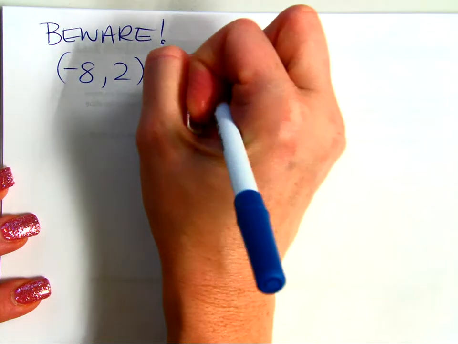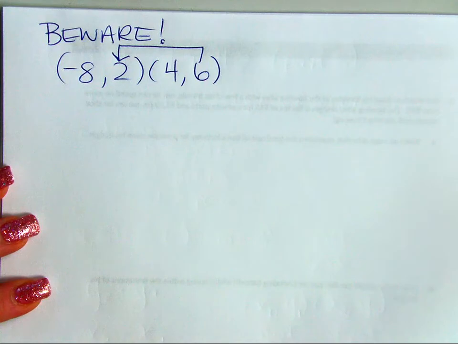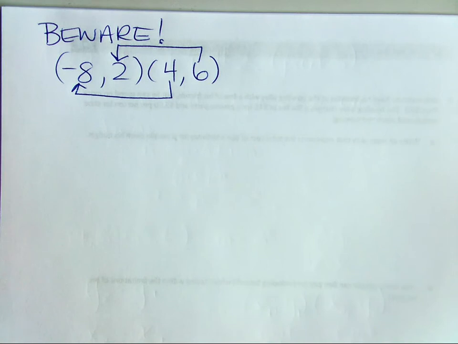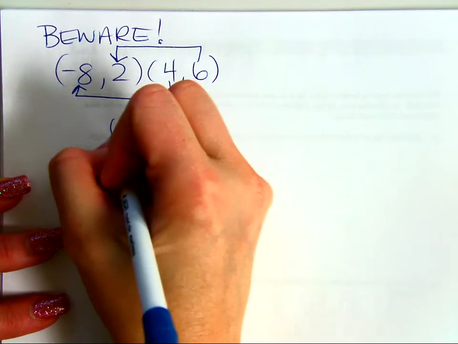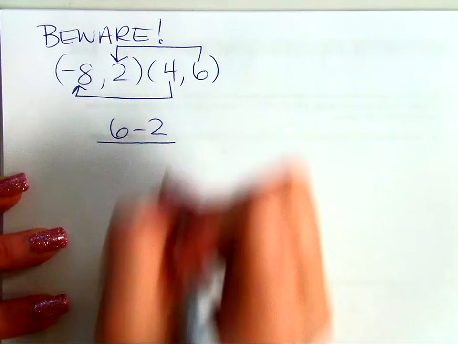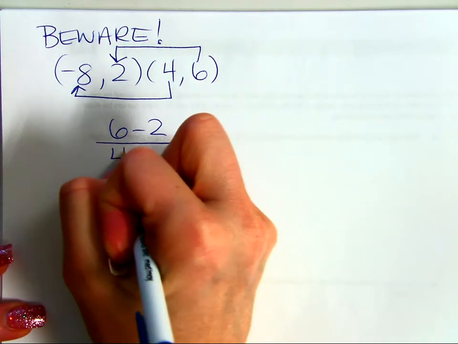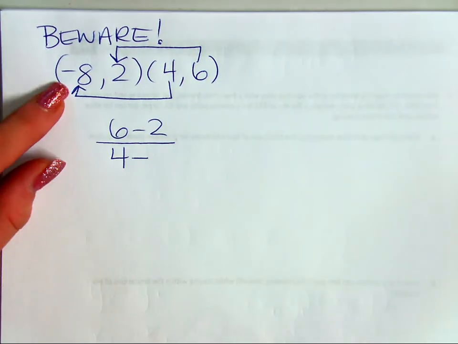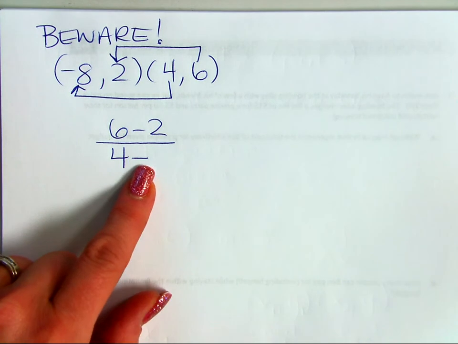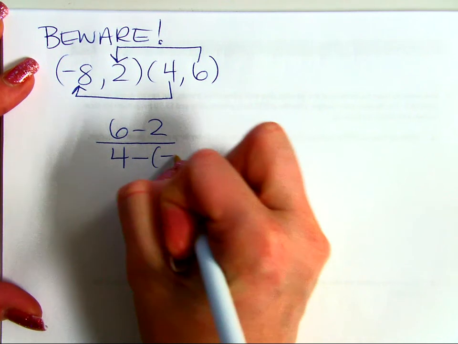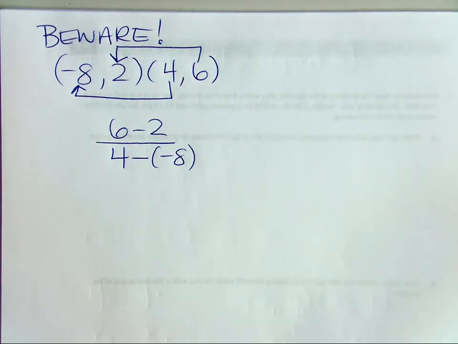Because you're doing 6 minus 2 and 4 minus -8, right? And here's the thought process I can literally hear in some kids' minds when they do this. 4 minus, and then they go, oh, there's a minus, but sweet, I already got one there. And then they just put the 8. See why that's wrong? Because it's 4 minus -8.